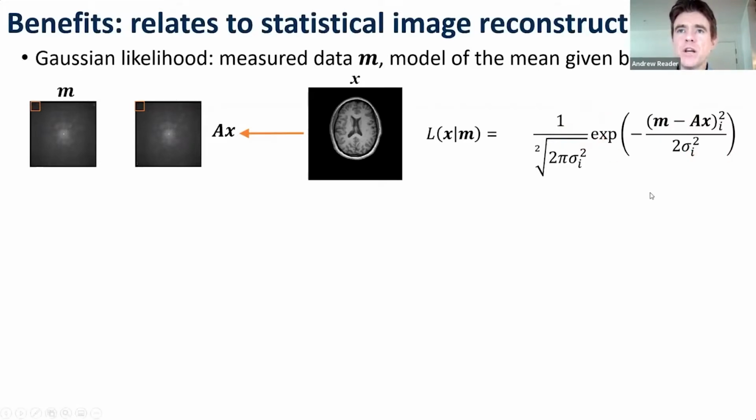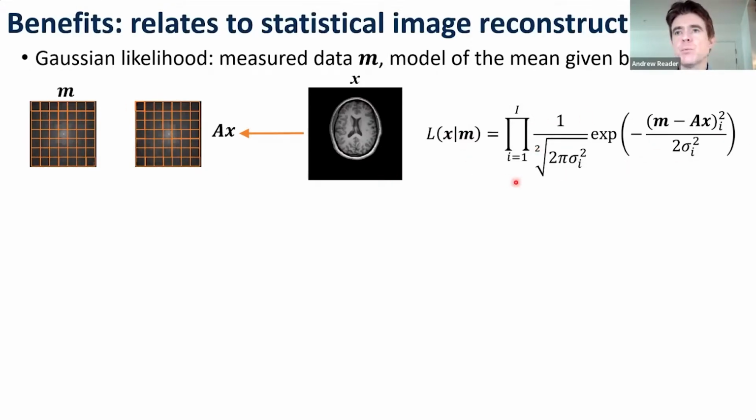With the likelihood, what we're talking about is the likelihood of an image X given the fixed measured data M. So find the X that maximizes this probability. Consider the product of all of those probabilities, assuming independent measurements, and find the X that delivers the maximum of that product.